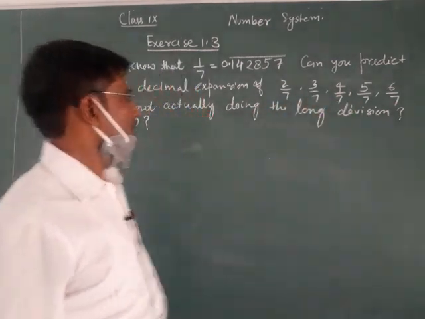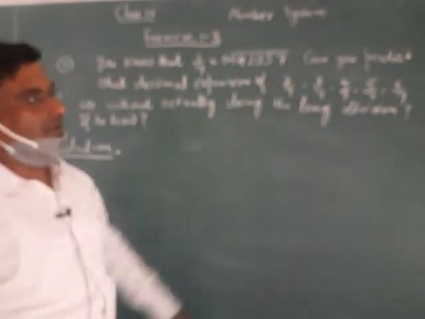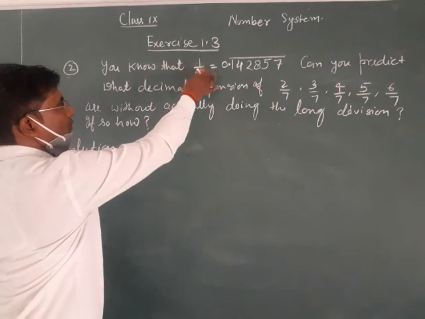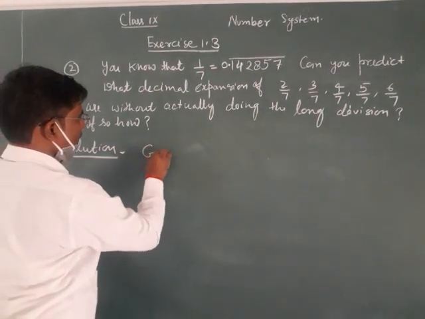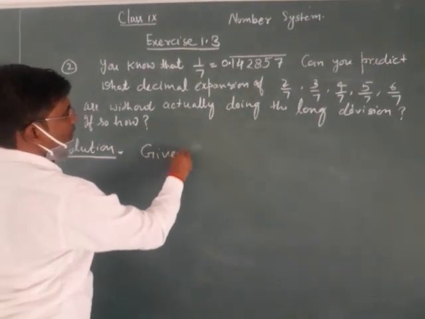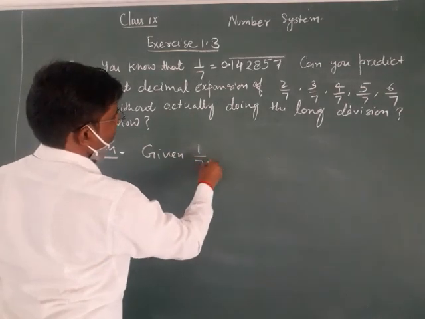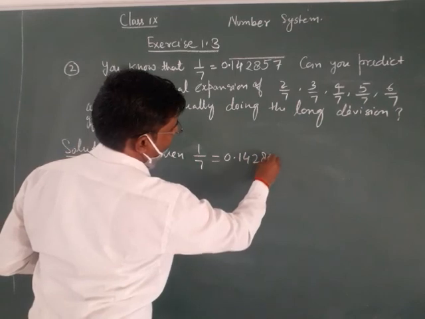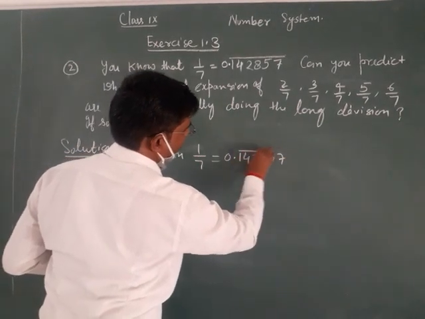Given part. So now let us start the first part, 2 by 7, we solve with the help of 1 by 7. Given in this question, 1 by 7 is equal to 0.142857 bar.